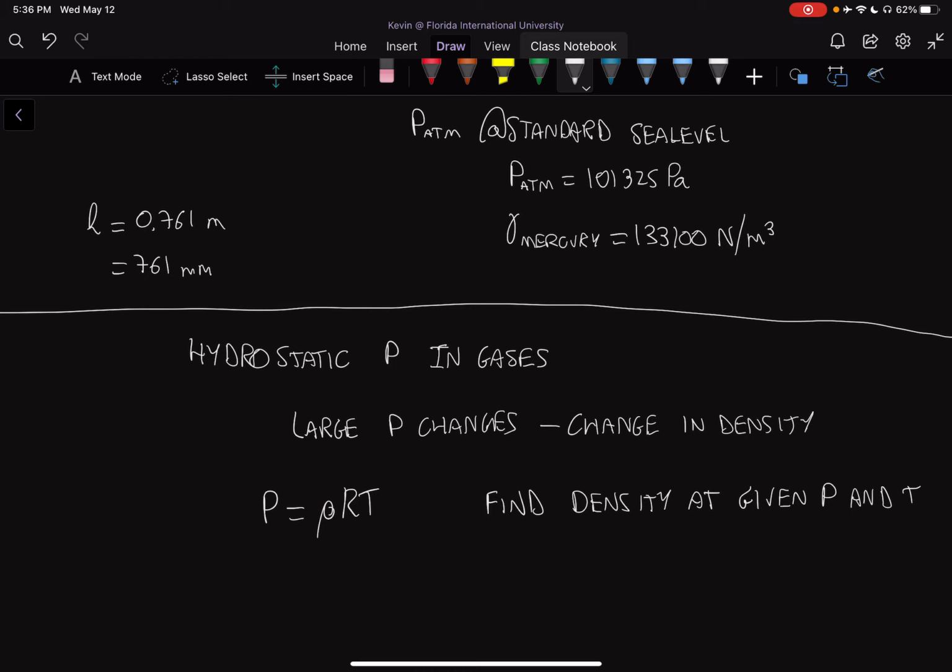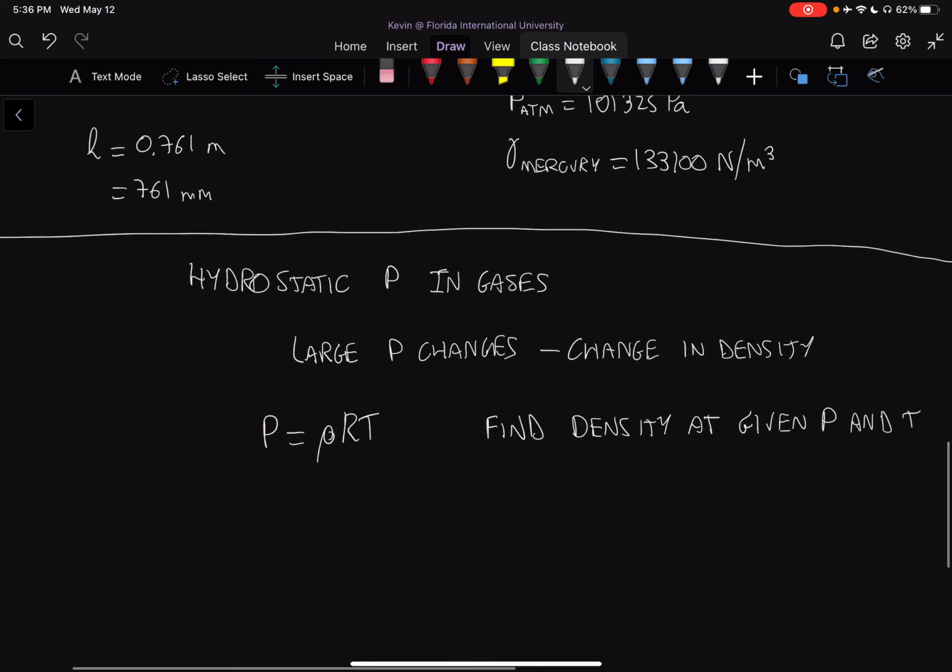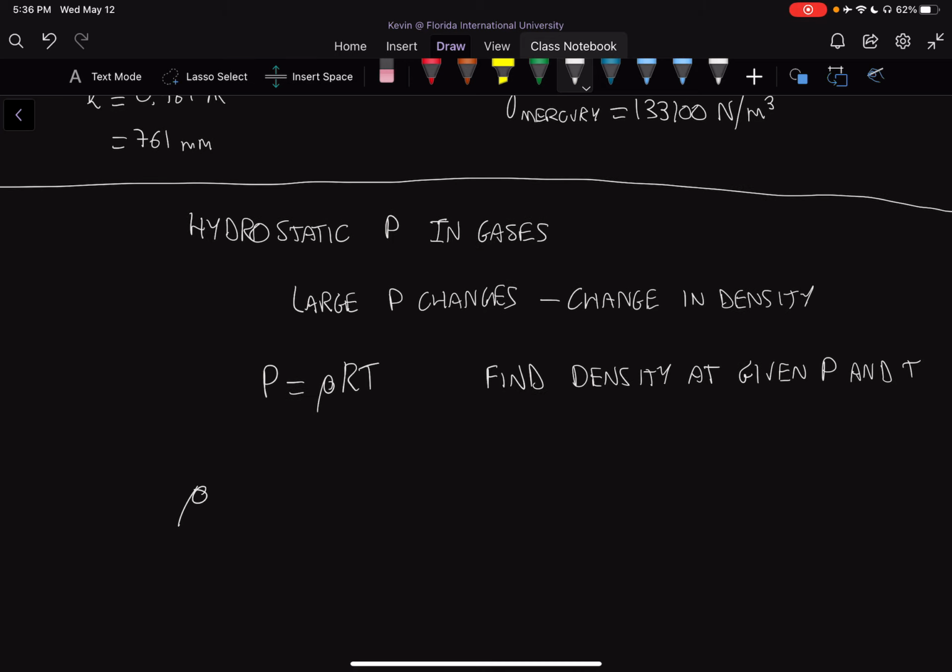And with large variations in pressure, we might have some different densities within our gases. So we can't just assume that our gas is always going to be the same density, which is something that we can assume for liquids. Okay, so we would just rearrange this equation to say rho is equal to P over RT.